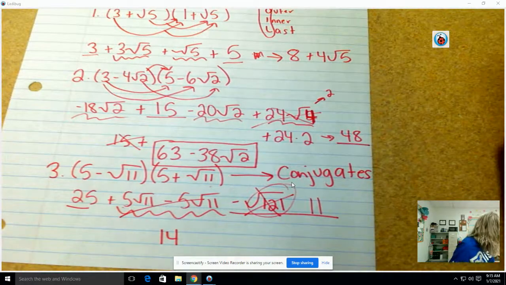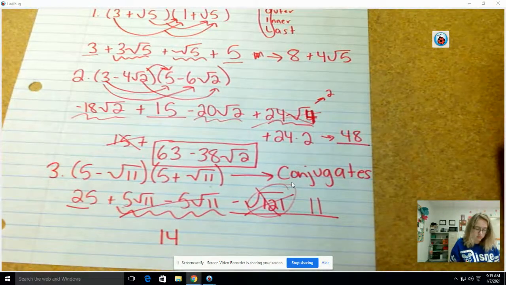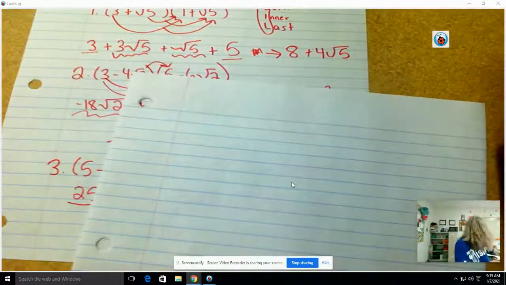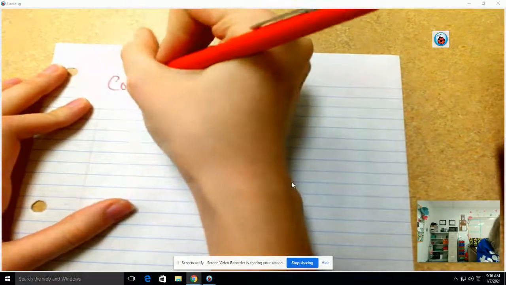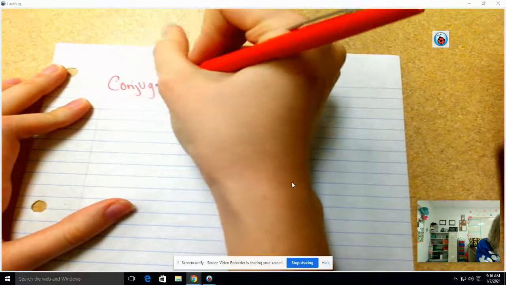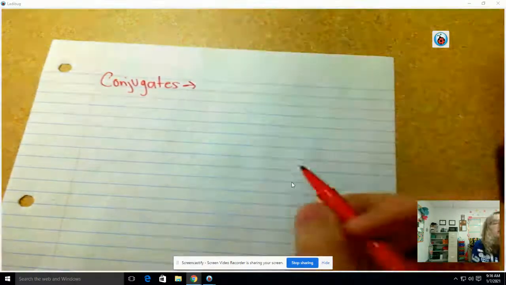So let me get another piece of paper. This is an important vocabulary term: conjugates. Essentially, the way to think about it is they're almost the same exact expression.